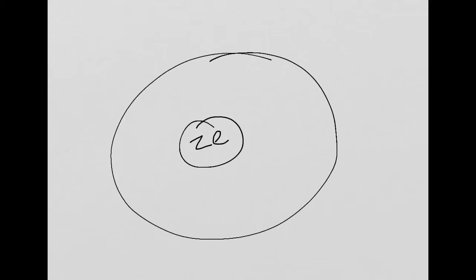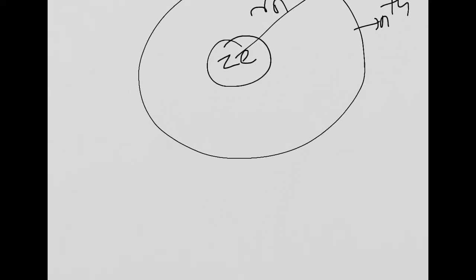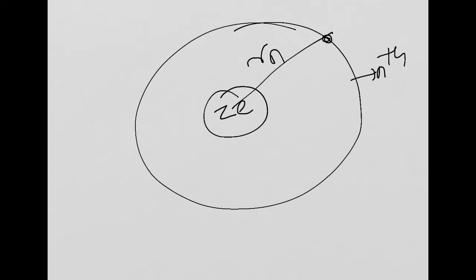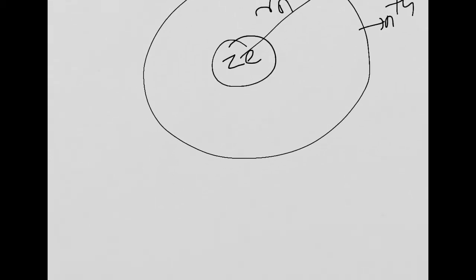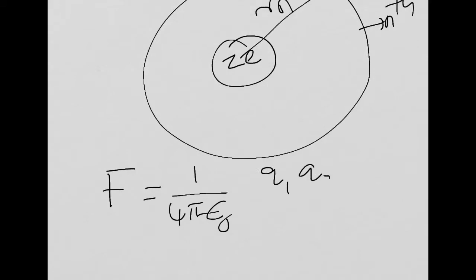Let's talk about the diagram now. It is Z number of positive charges E, versus an electron present in the nth orbit. Call this distance r suffix n. We have studied Coulomb's law. Let the charge of an electron be E. So according to Coulomb's law, the electrostatic force is given by 1 by 4 pi epsilon naught, q1 q2 by r square.